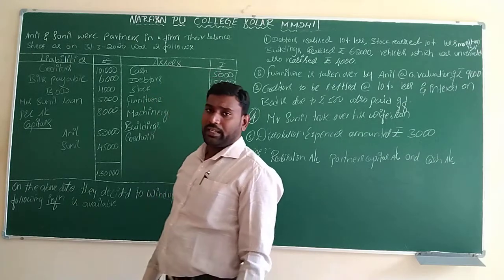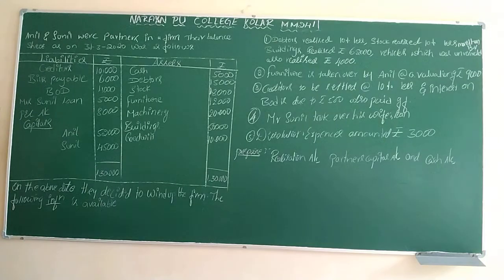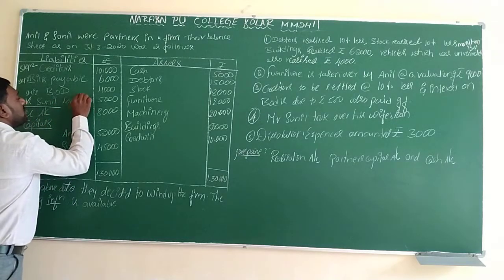Now, one by one, we read and classify any information related to other accounts. Creditors, given in liabilities, come to step 2. Bills payable also comes to step 2. Bank overdraft is a liability and will also come to step 2. Mr. Sunil is a partner, but Sunil's wife is not a partner, so her loan also comes to step 2.